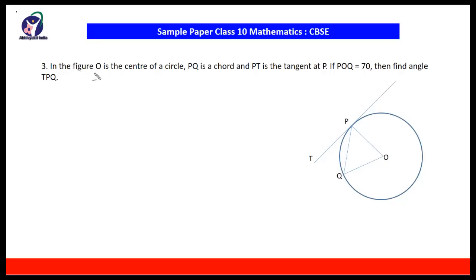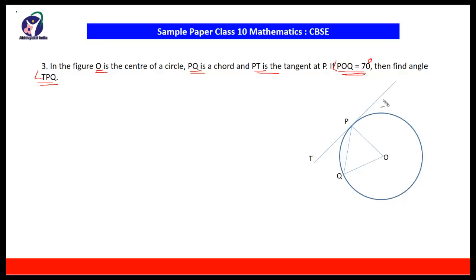Now here is the third question. In the figure, O is the center of the circle, PQ is a chord and PT is a tangent at P. If angle POQ is equal to 70 degrees, then find angle TPQ.